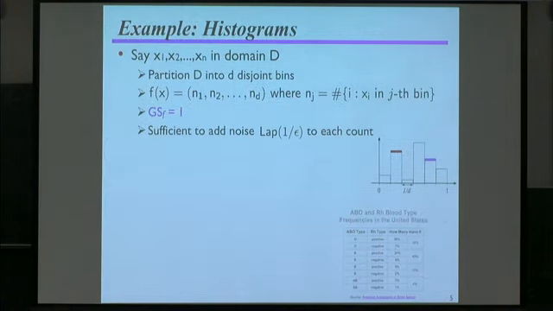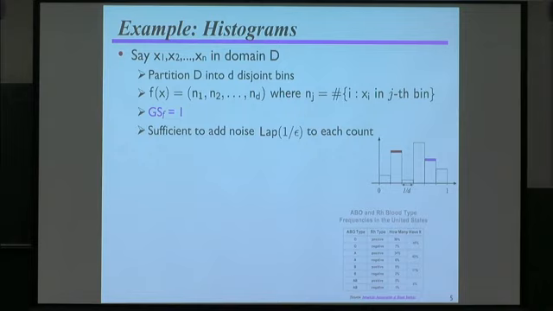A nice example of that is a histogram. Imagine my data lie in some domain D, which could be complicated, but I've partitioned it into little d disjoint bins. For example, these could correspond to the 50 US states, or perhaps I've broken people up by a couple of variables like gender, political orientation and salary.